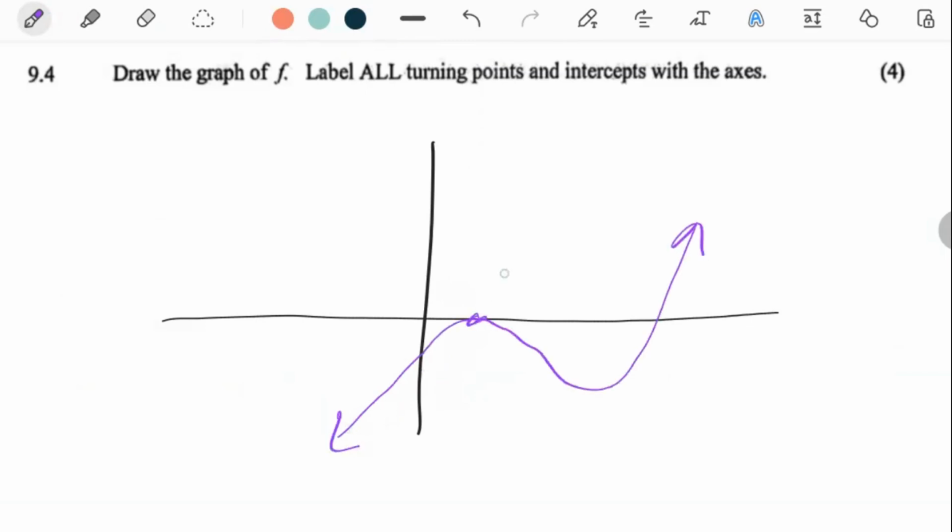We said this is +1. We said that this is +3. We said that this is the coordinate 3, negative 4. This is not necessarily to scale, so let me make this a bit to scale. Let's do that.